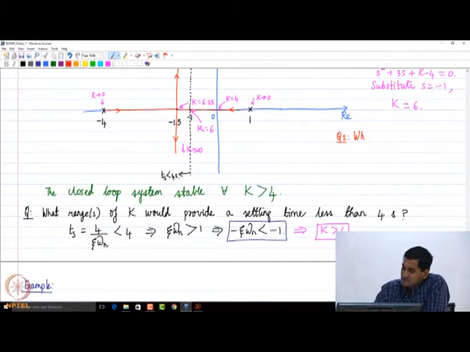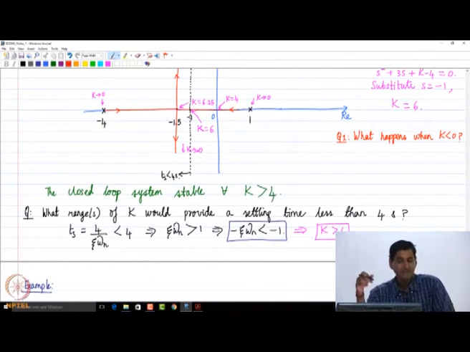Question 1: what happens when K is negative? In general, my K can go from minus infinity to plus infinity. Do you agree? K is a design parameter, a real number.